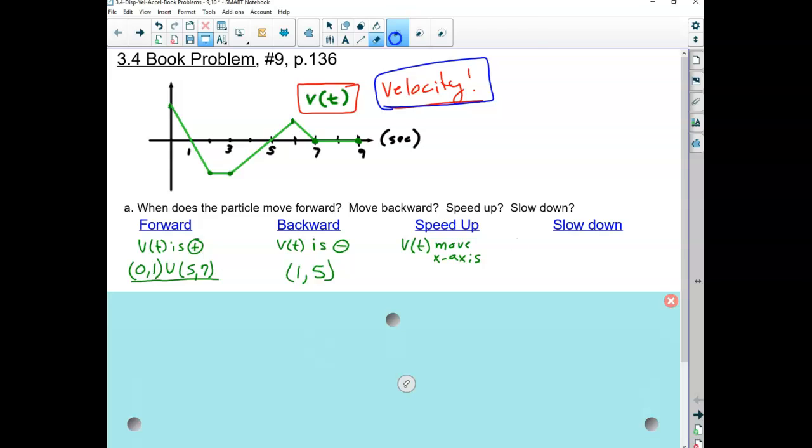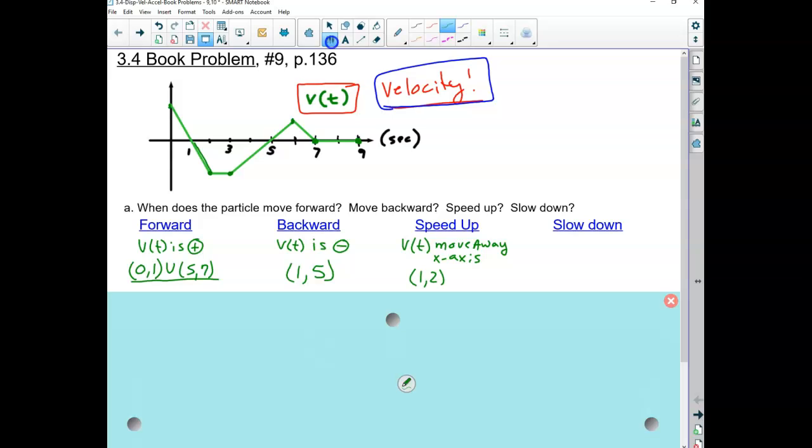When we move toward the x-axis, we slow down. When we move away from the x-axis, we speed up, because when I move toward it, my quantity of velocity is getting less. So when I'm moving away, from 1 to 2. Now I can see here between 2 and 3, I'm not moving away.